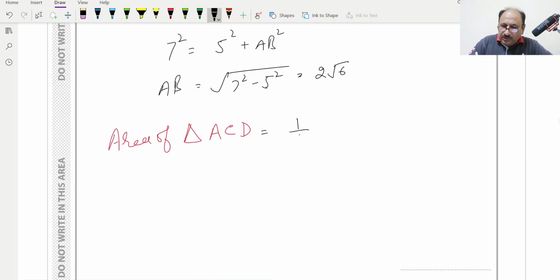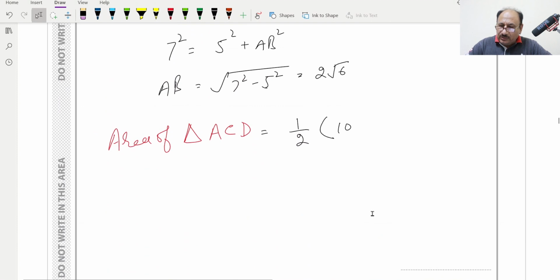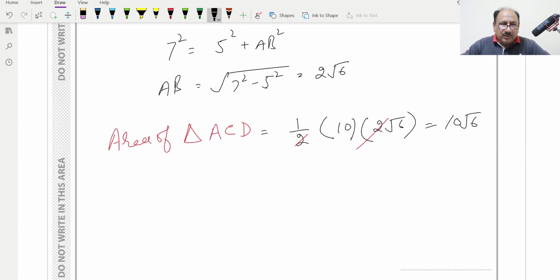So this will be equal to 1 by 2 into base, which is 10. This length is 10. So 10 into height, we have calculated 2 under root 6. So we can cancel this 2 with 2, and the remaining will be 10 under root 6.